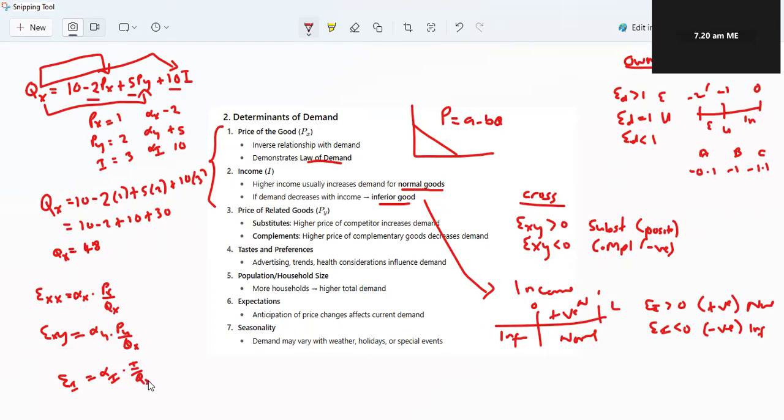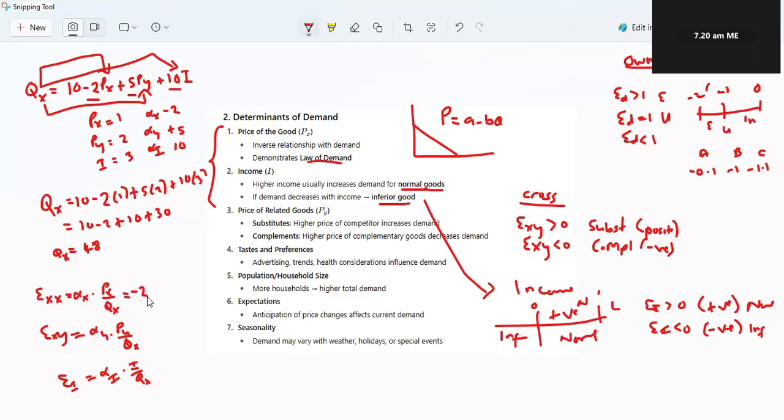So let's substitute in these parameters. What is our X on X? What is our gradient for good X? -2.